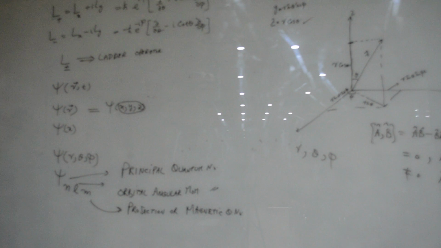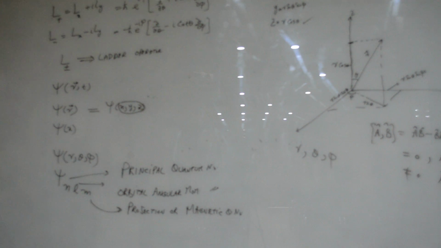Why do we call n the principal quantum number? It is obvious when you are talking about the hydrogen atom, then you say the electron is in n equal to 1. It depends upon the radius r. When r varies, you are moving from one state to another state.